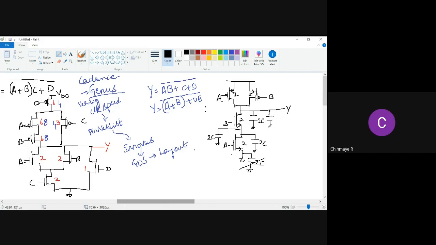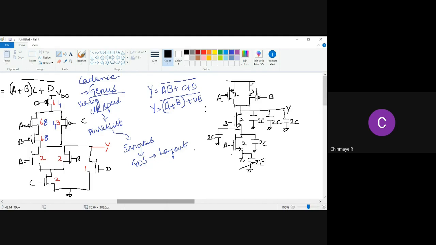Yes, you will have 2C. See, the drains are connected at the output. So 2C, and then 2C again, right? One is due to the drain of B, NMOS. The other is due to the drain of A, PMOS. The other is due to the drain of B, PMOS. Correct?